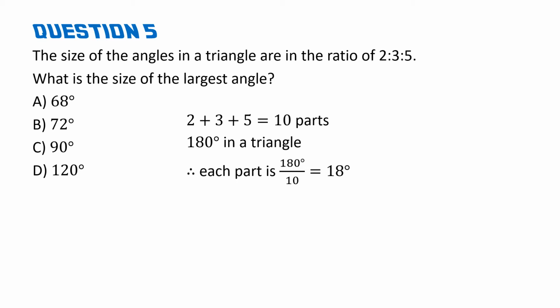So I don't need to do the 2 or the 3, I just need to do the 5, because the 5 represents the largest part. So if I do 18 degrees multiplied by 5, we get 90 degrees. So therefore my option is going to be C.